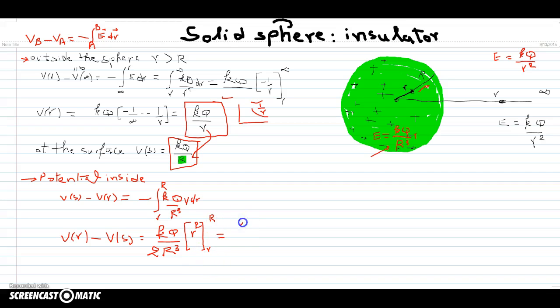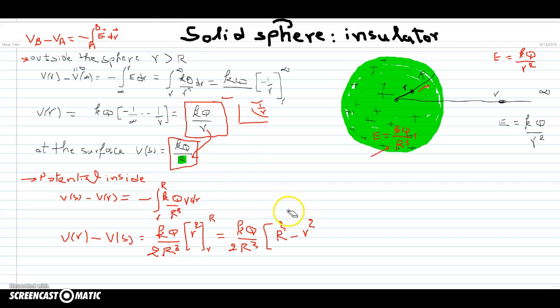Now what is this? It is K Q over 2 R cubed, times R squared minus little r squared.